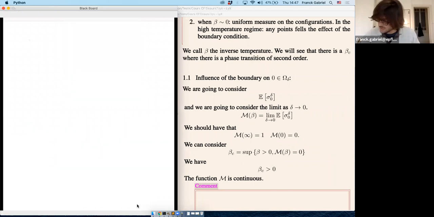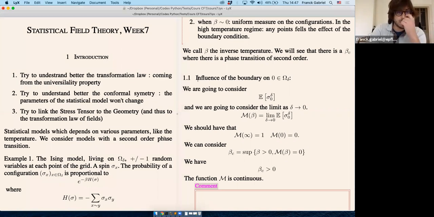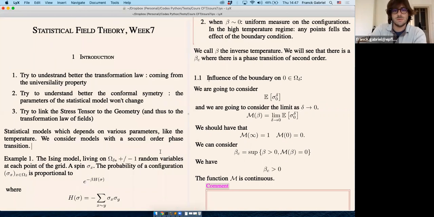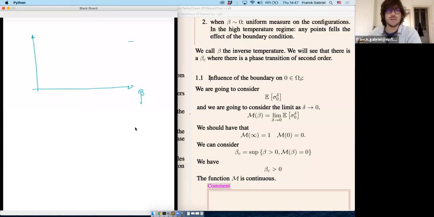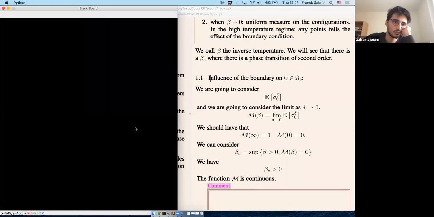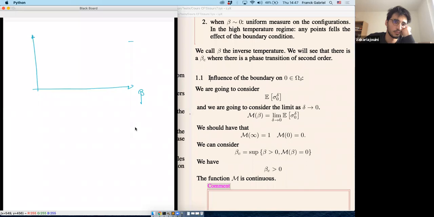So the function looks like this. So we have here beta, and we know that at infinity it should be equal to. You don't see anything. This would be not nice if I cannot show you. I'm very sorry for that. It's actually the cable which has a problem, and I don't know why.